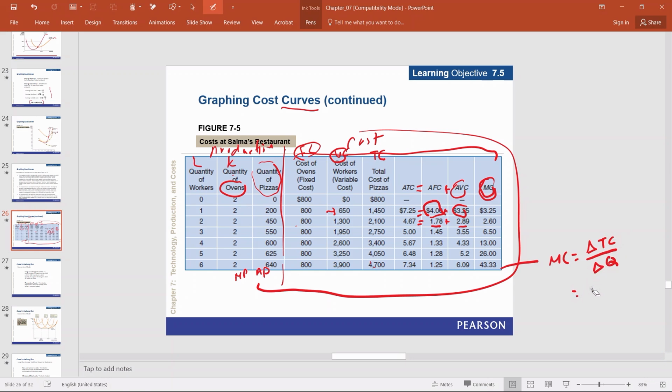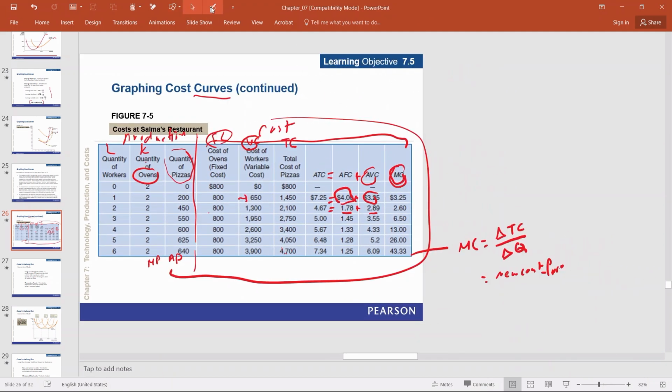So change in total cost, that's the new cost or current cost, minus previous cost, divided by the new quantity minus previous quantity.